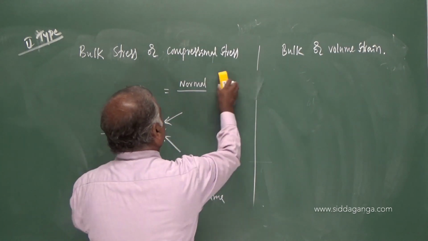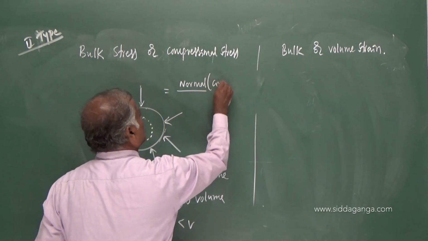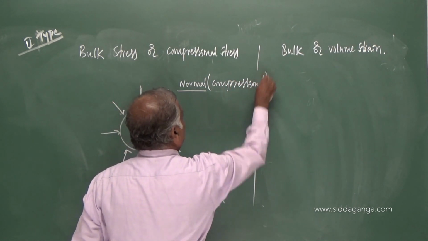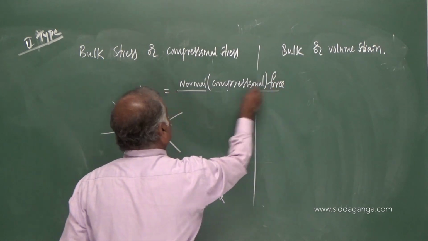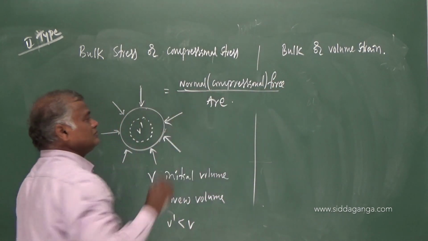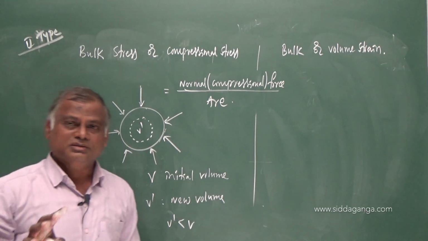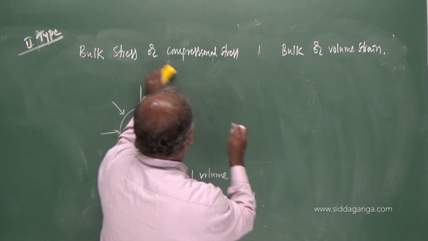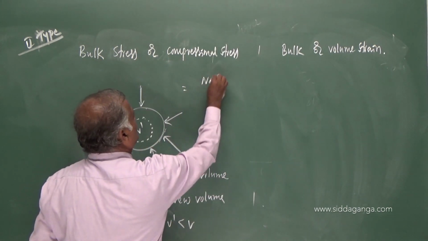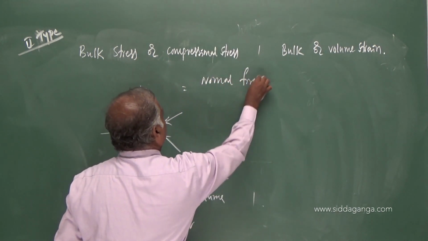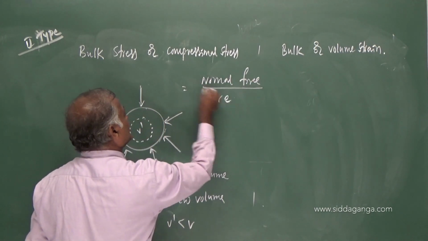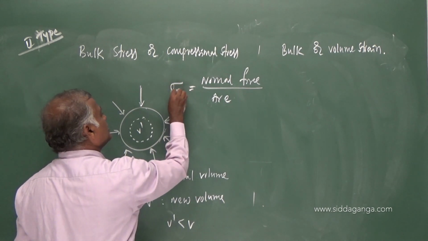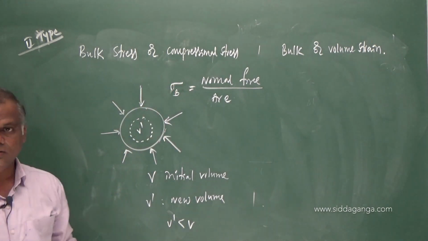I can write normal or compressional force divided by area. My dear students, basically we write a normal force divided by area. Here we write sigma B, bulk stress.